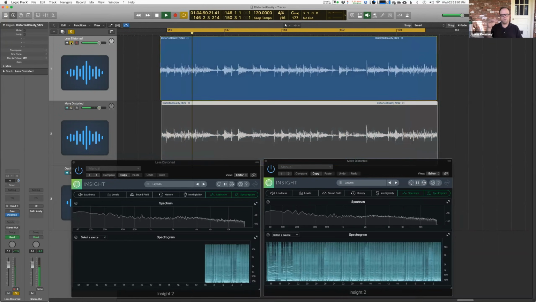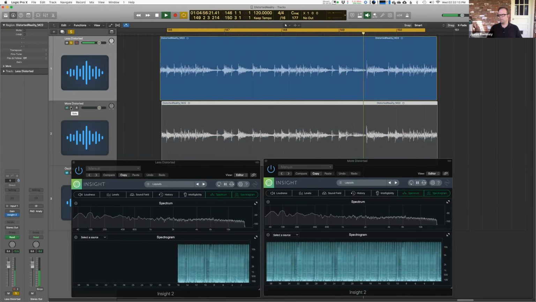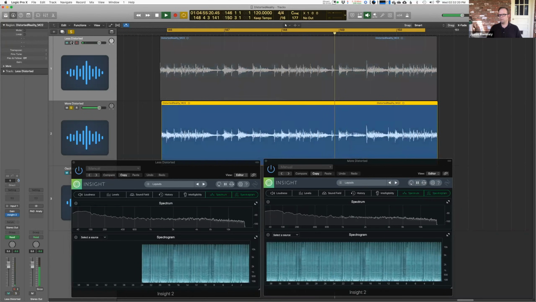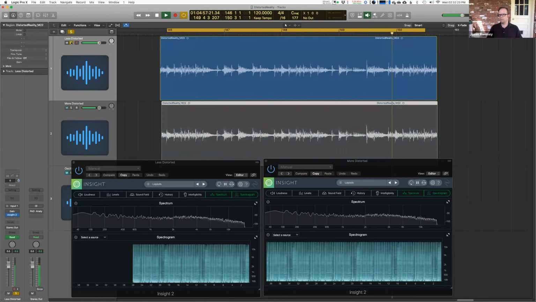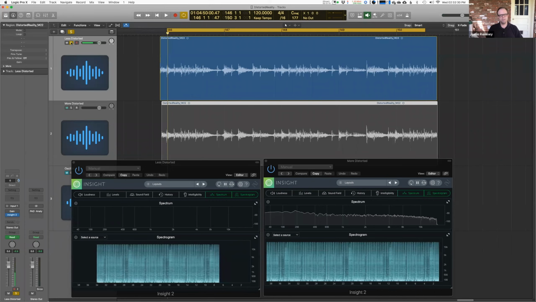So this is the supposedly less distorted one. I'll switch over now. The only thing I can hear is, again, an ever so slightly messy tail on the snare drum on the one that's supposedly more distorted.